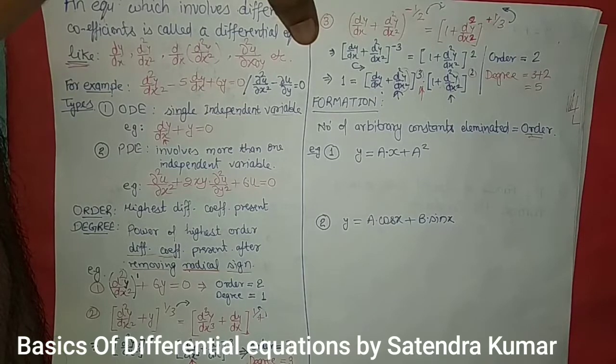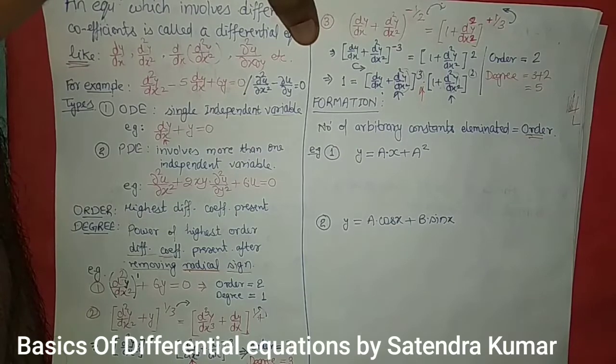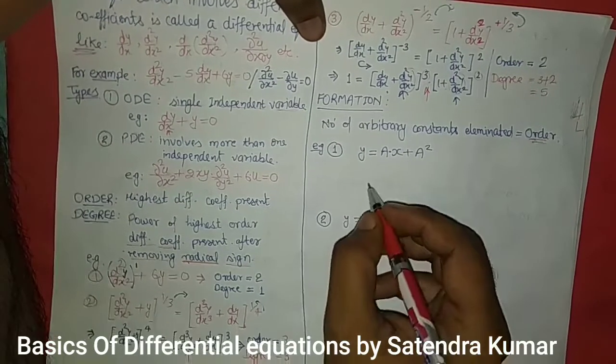It means if there is one arbitrary constant, then we have to differentiate only once, and if we have two arbitrary constants, then we have to differentiate two times the given simple equation.